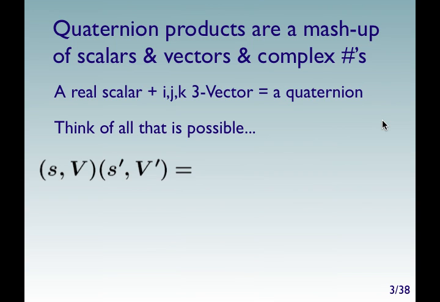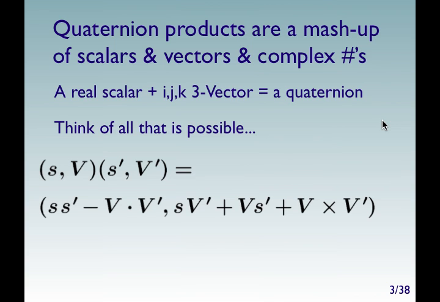And it's like, no. It's like, what are all the possible ways you can multiply a scalar and a vector together? And if you have some experience with scalars and vectors, there are not that many possibilities. As a matter of fact, here's the complete list. You could take the scalar and multiply it by the other scalar. That's the S prime.